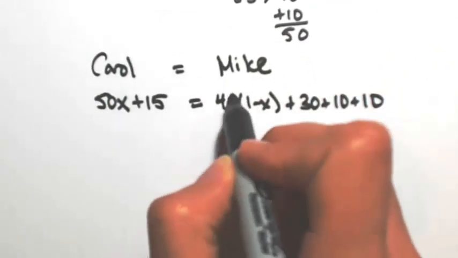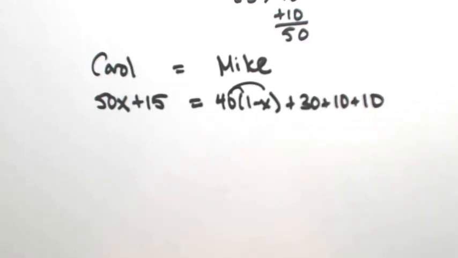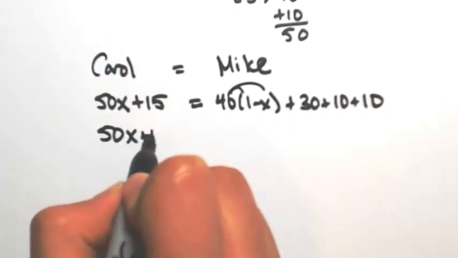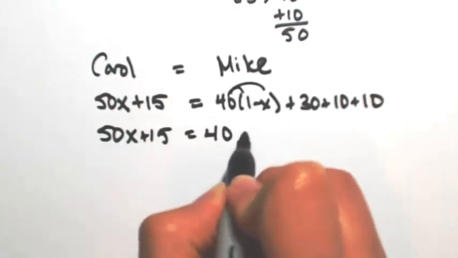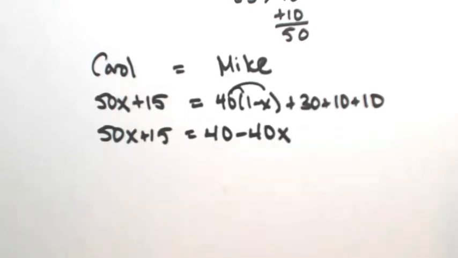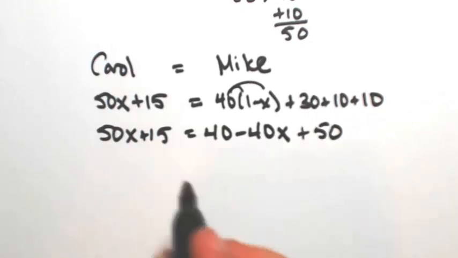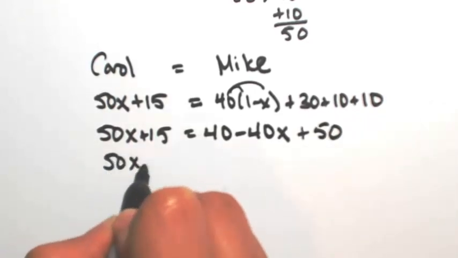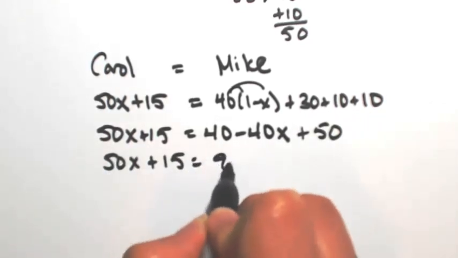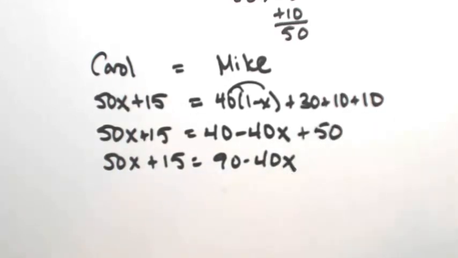So I'm going to distribute that 40 inside the parentheses. The 30, the 10, and the 10, that was 50. So now on the left side, we have 90 minus 40x.